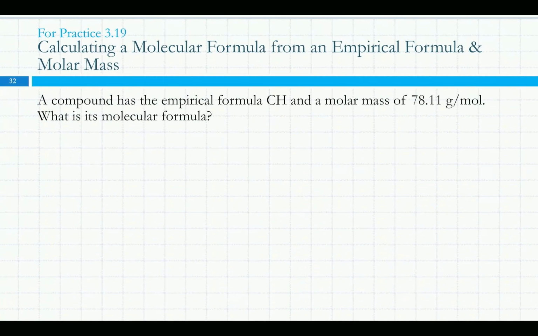All right, so we've got a compound. We'll say we did all the work. We found the empirical formula is CH, and it has a molar mass of 78.11 grams per mole. Now this is the molar mass of the molecular formula.